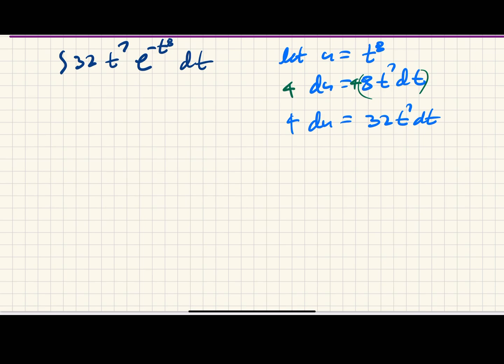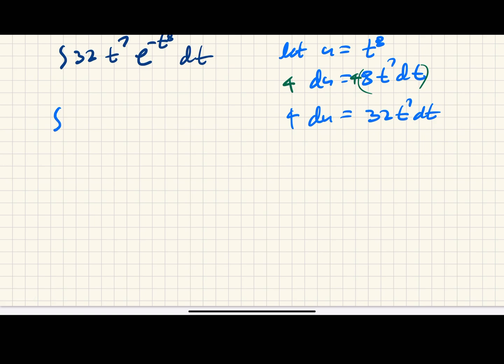So I've got e to the minus u times 4 du, right? And then I'll just put the 4 out front. So I'll have 4 times the integral of e to the minus u du.